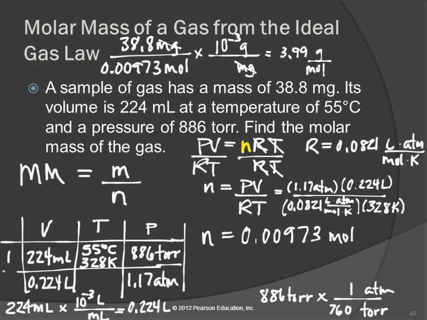Is it possible to have a substance with a molar mass of 4 grams per mole? Oh, helium has a molar mass of 4. I bet that's helium in there. What if your number came out as 0.4? Could anything have a molar mass of 0.4?